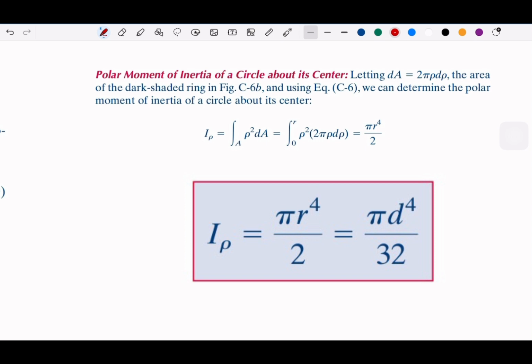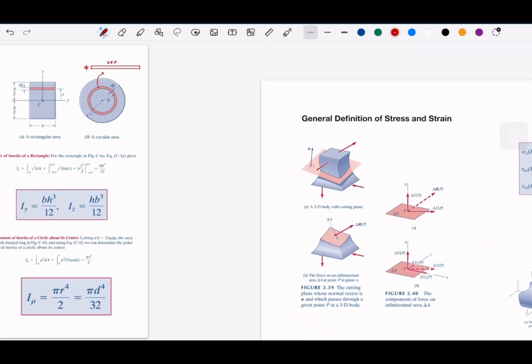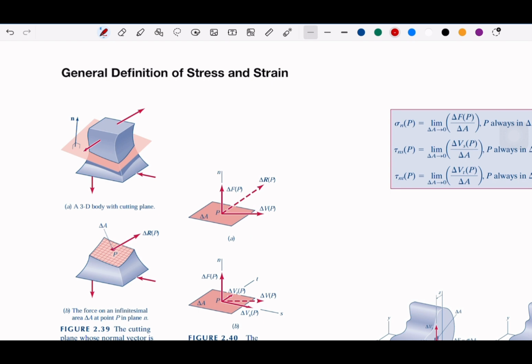Okay, just a quick review, and now let's move on to what we call the general definition of stress and strain. This is supposed to be the last topic for chapter 2. After this we are going to chapter 3, which is the axial deformation.